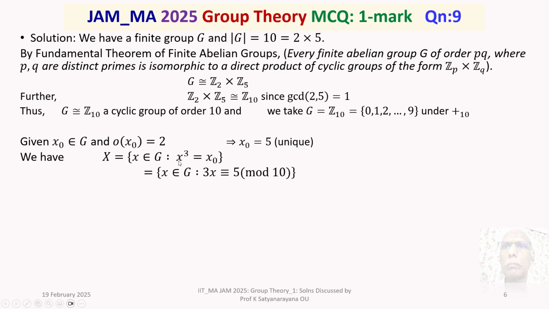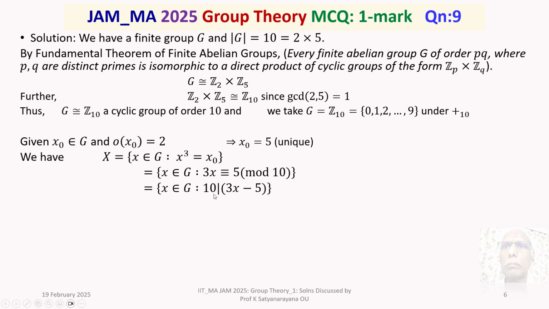That is 3x, and x0 is 5. 3x is equal to 5 modulo 10. That is the set of all x belongs to G such that 10 divides 3x minus 5. Use the definition of the congruence.